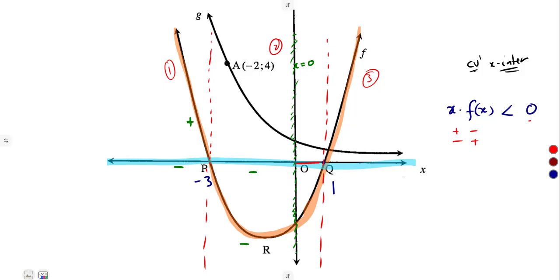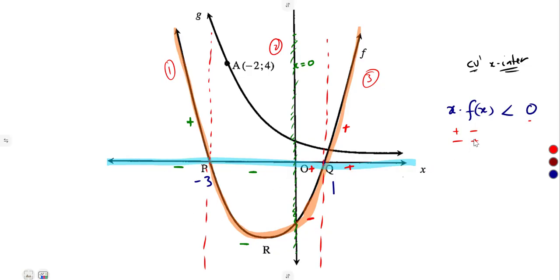From 0 to 1, we can see that our x values are now positive, but our f of x is still below the x-axis, meaning it is negative. From 1, our f is now above the x-axis, meaning it is positive, where the x values are still positive. We are in the positive region for the x values.